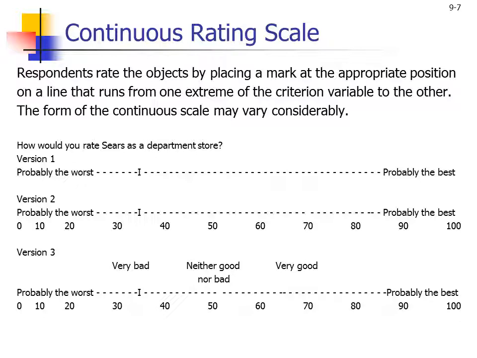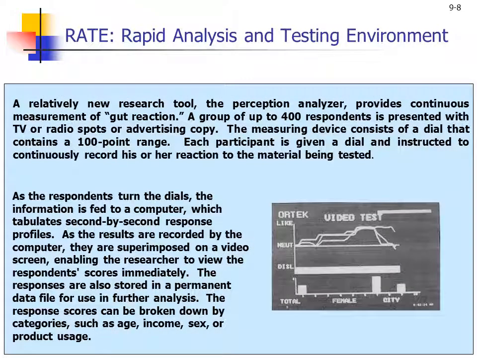We have an example of version 1 and an example for version 2, and version 3 begins with very bad, neither good nor bad, or very good. We have an example of the non-comparative scale, the rapid analysis and testing.